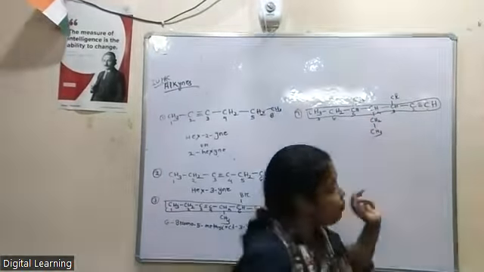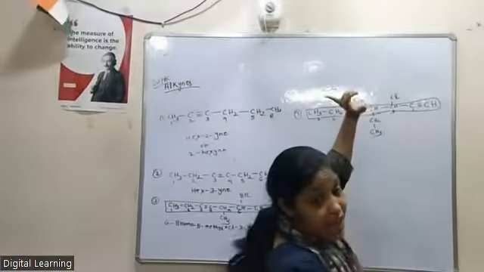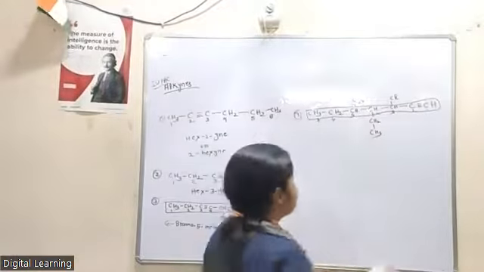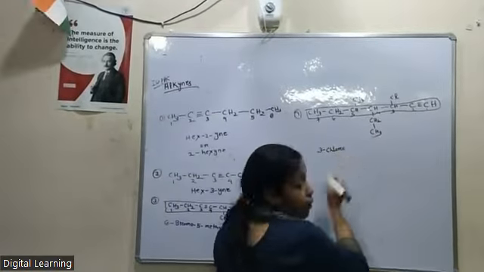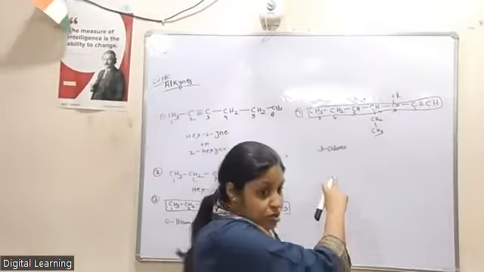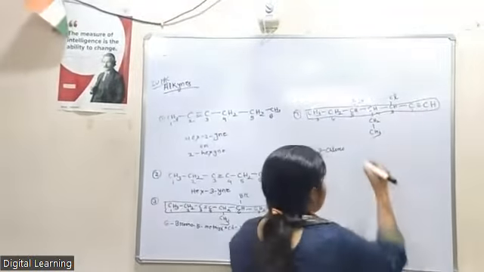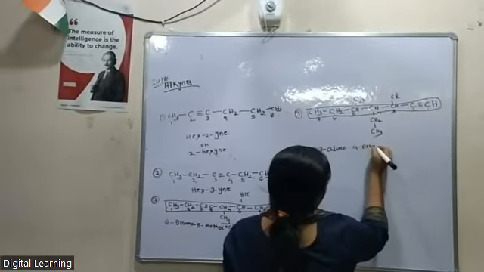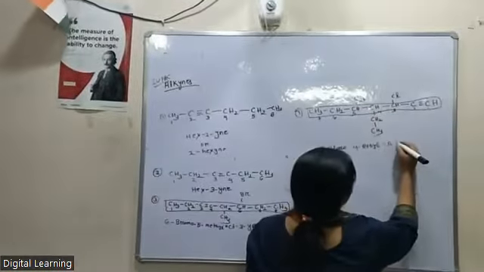Here we have chloro, then ethyl, then methyl. So alphabetically which will come first? Chloro. 3 chloro. You have to mention their position. Okay, 3 chloro, then 4 ethyl, then 5 methyl.